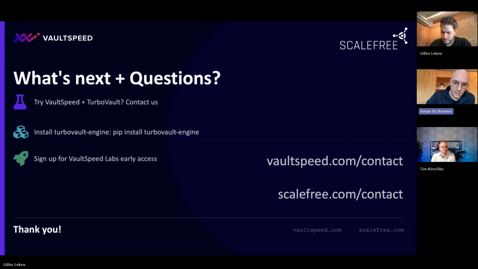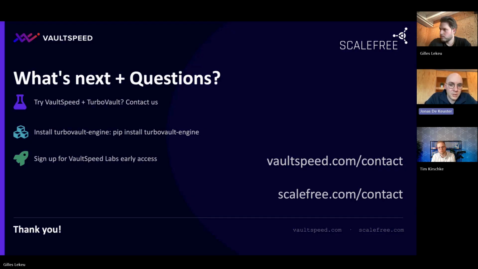And in essence, I would say it should work, because what the native app in Snowflake will do is host the agent that Gilles talked about, which works as the connection between your database and the VaultSpeed cloud. It's that agent that lives inside that native app.